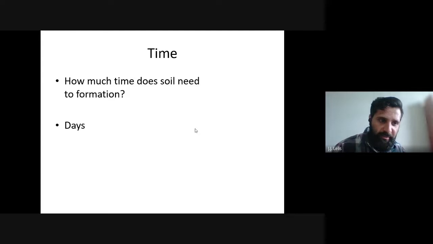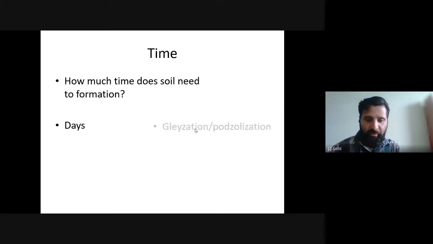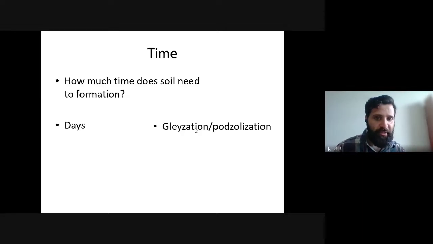It's quite interesting that some processes could act in a fraction of days. So days or weeks could be enough for the formation of a specific horizon. So the gleization process, clay properties, a clay horizon or a spodic horizon could be formed in only some weeks or days, because these processes are very fast.